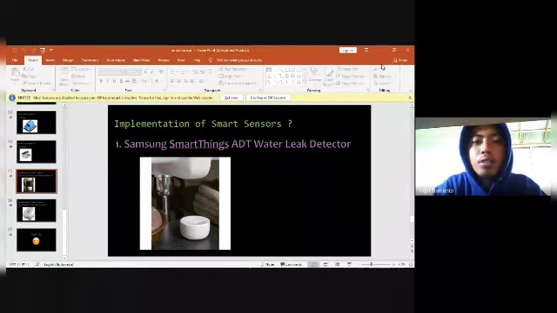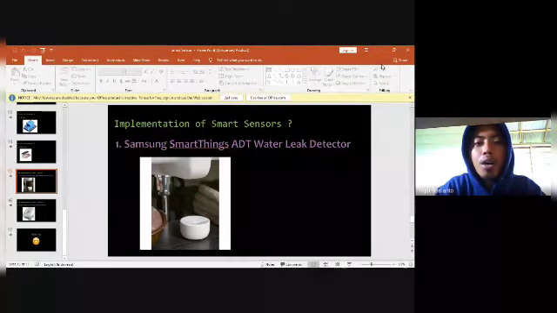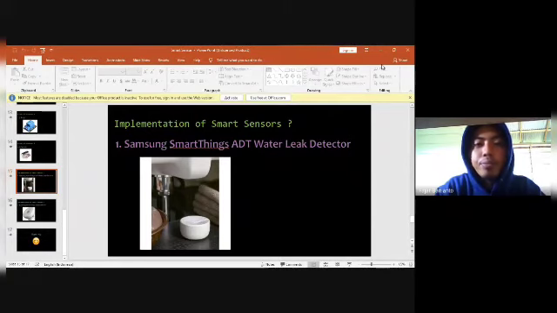We will only talk about two example implementations of smart sensors in our presentation. I will explain to you about the implementation of smart sensors from the Samsung brand.